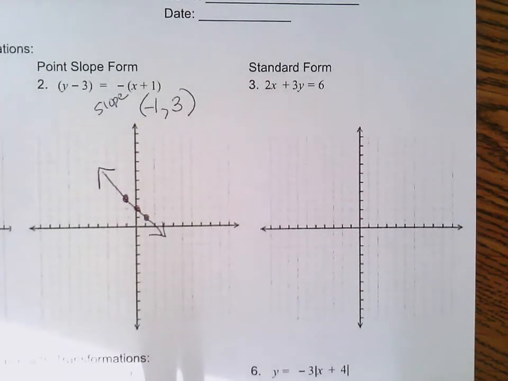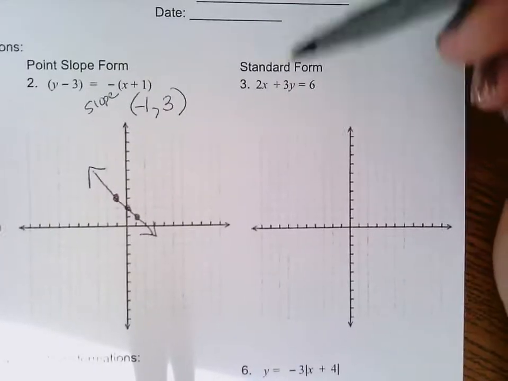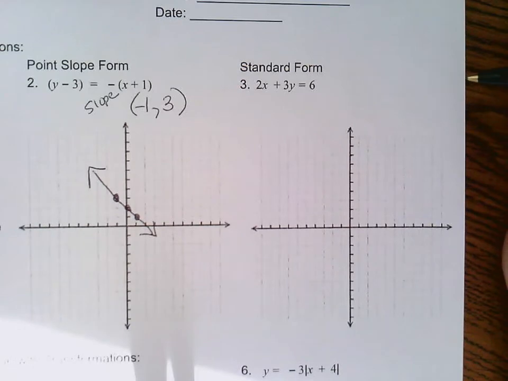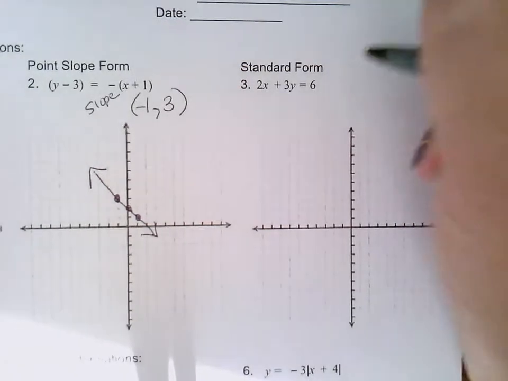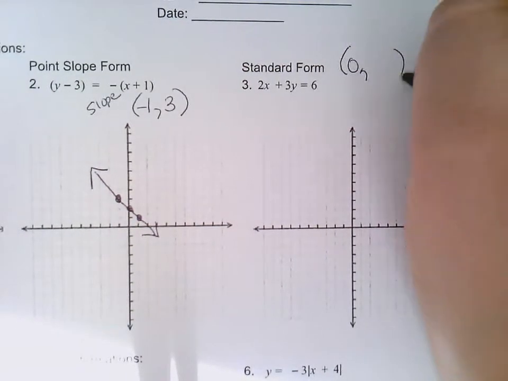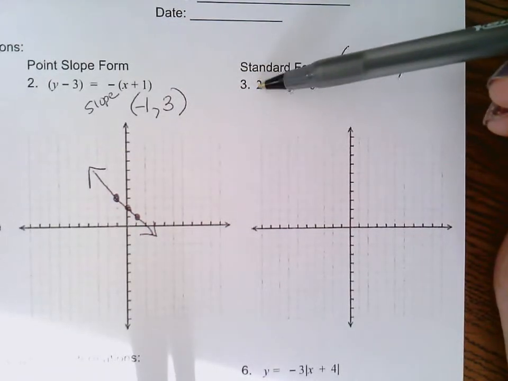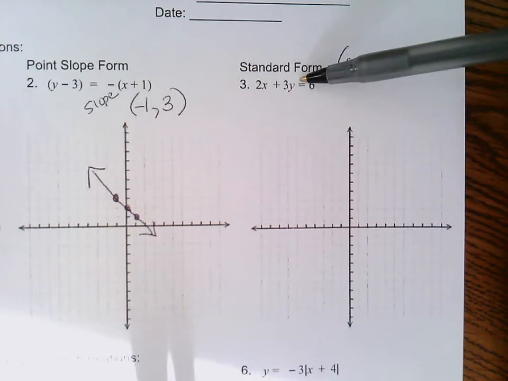Number 3 is given in standard form. So again, you could convert this to slope-intercept form, but in standard form, a trick that you can use is you can plug in 0 for each x and y and graph the x and y intercepts. So if I plug in 0 for x, I'm going to have the y-intercept. Plugging in 0 here, I would get 3y equals 6.